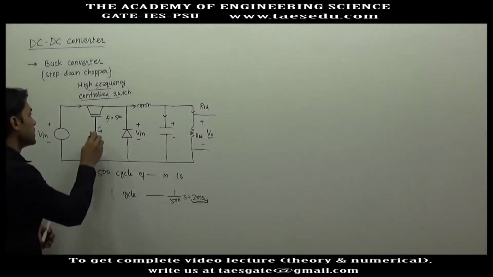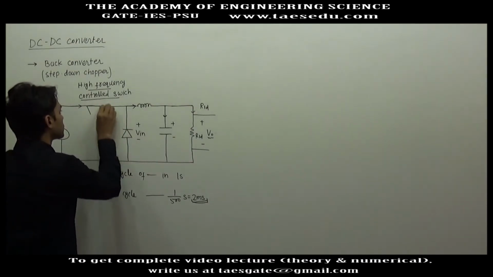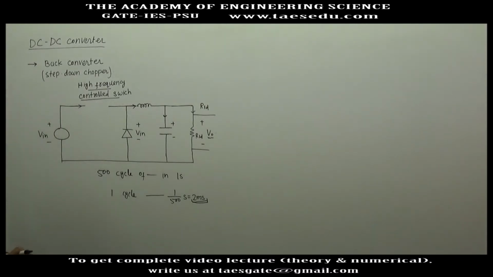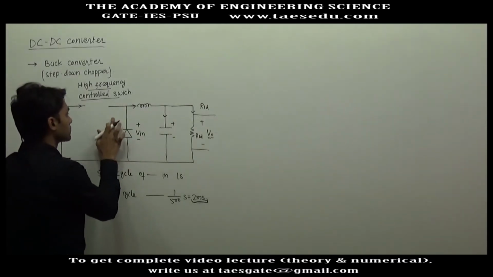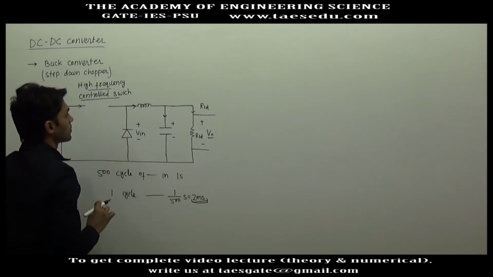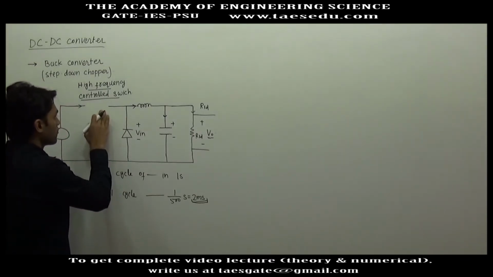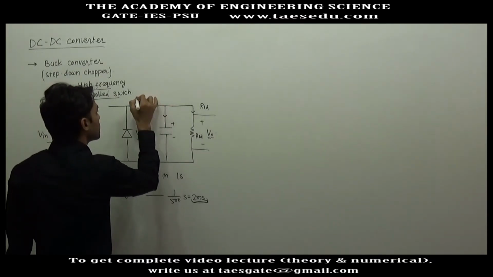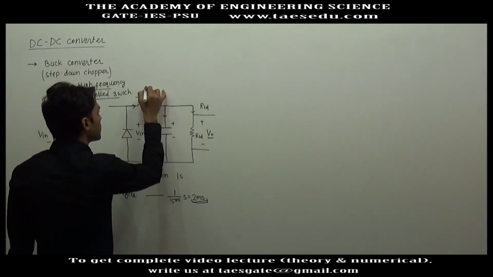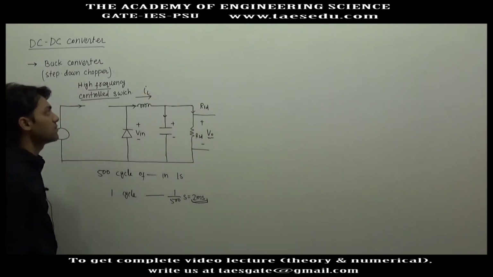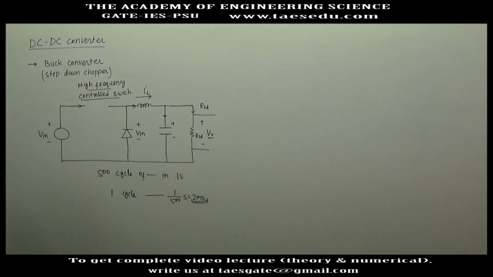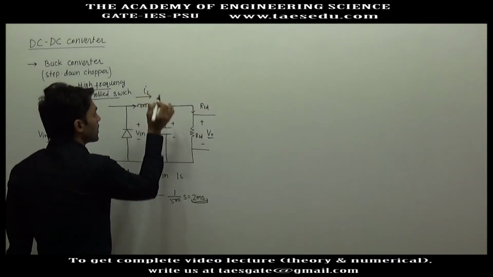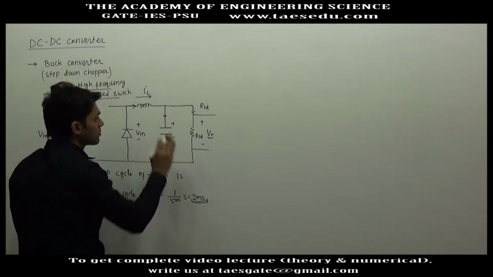What will happen if we disconnect this switch? For the duration of T off, what will happen? Before disconnecting this switch, the inductor would have gained some current, and this current cannot be suddenly made zero. So the inductor will continue to carry a current IL. And now what will be the path of this current?